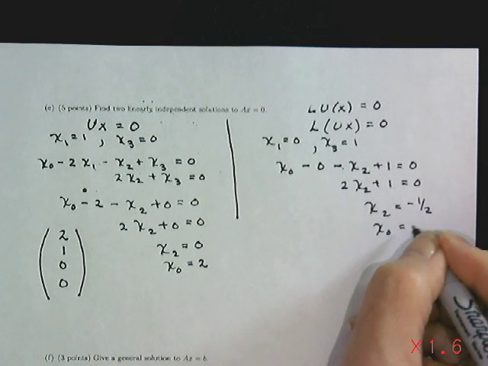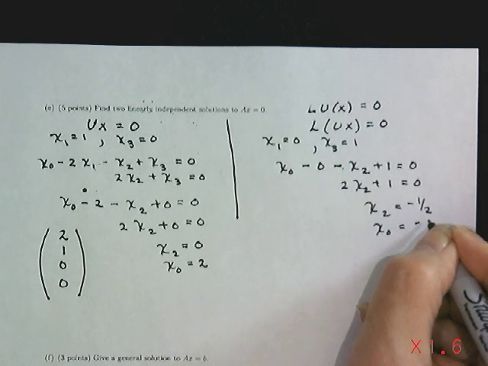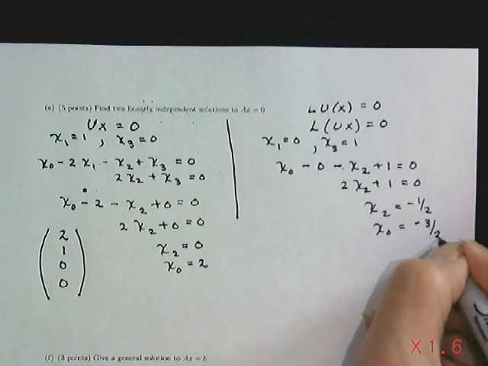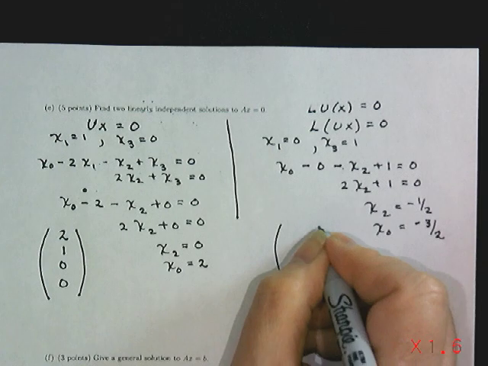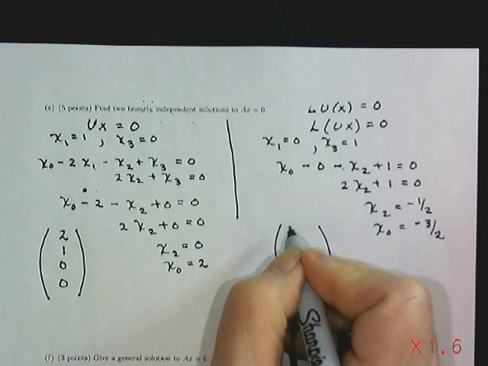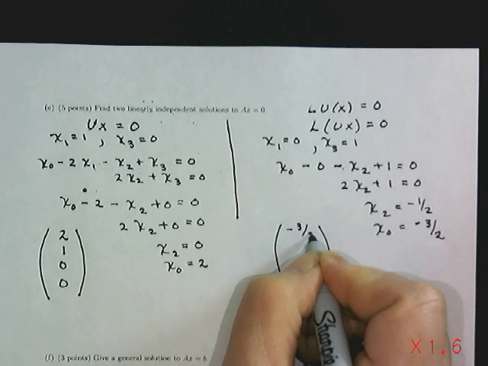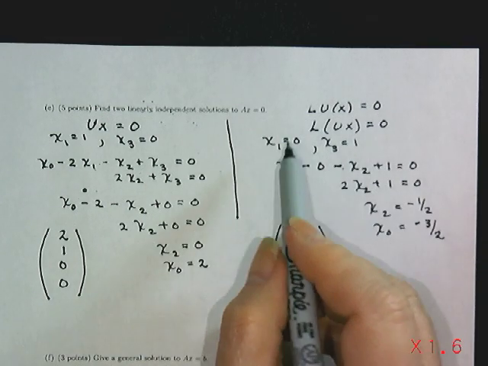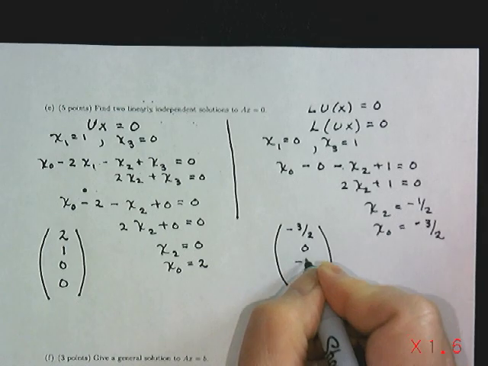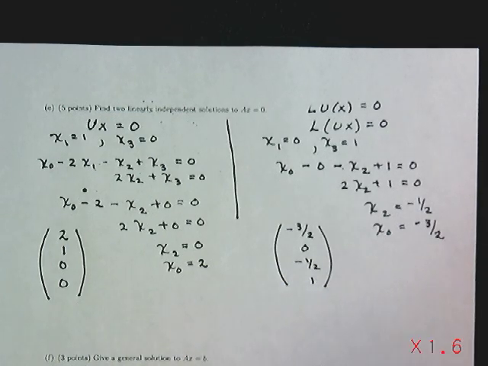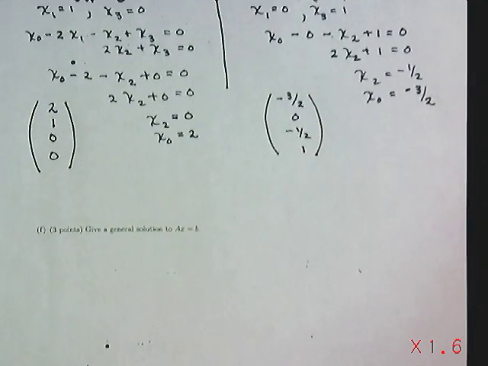That means that chi0 would have to be equal to negative 3 halves. So another solution would be negative 3 halves, 0, negative 1 half, 1.